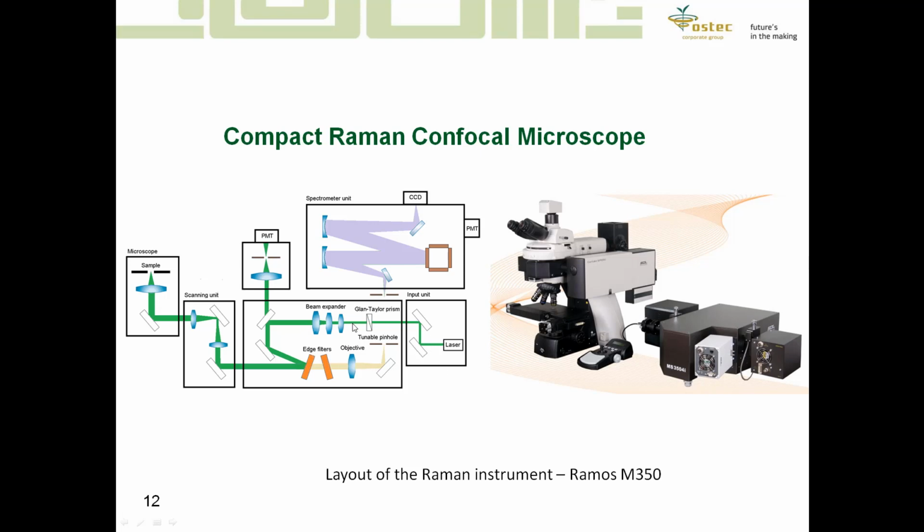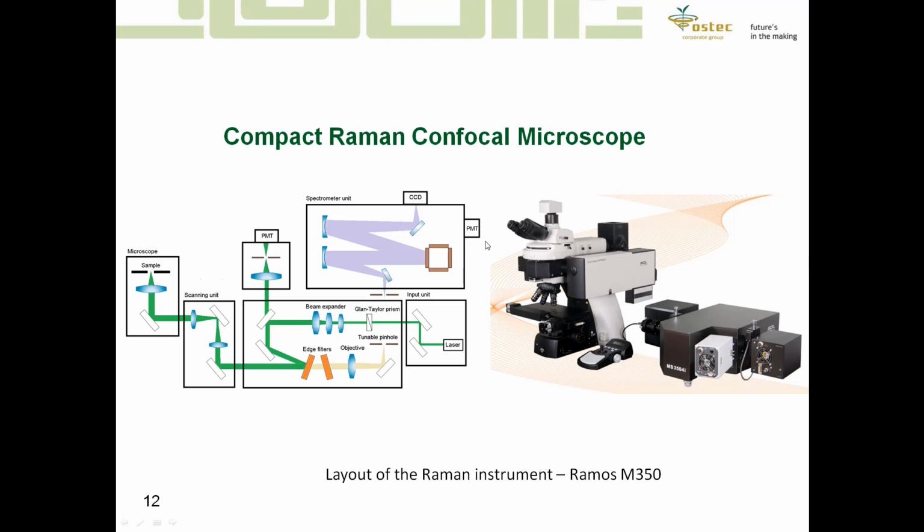Also there is an automated neutral density filter and switching between edge filters. And what is not automated in this configuration is the beam expander, which probably does not need to be changed often if you use a system with a single laser. And also positioning of the mirror which sends the light to the pinhole is manual in this configuration.